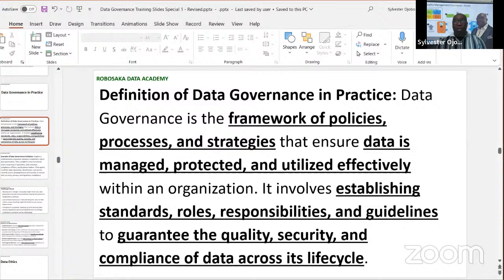I focused on improving the management system, the data protection and the utilization of data across every functional department, in collaboration with the team from different functional departments, to establish standards, rules, responsibilities, and guidelines. And that resulted in a guarantee of more than 70% of data quality, security, and compliance of the data across its lifecycle within the organization.